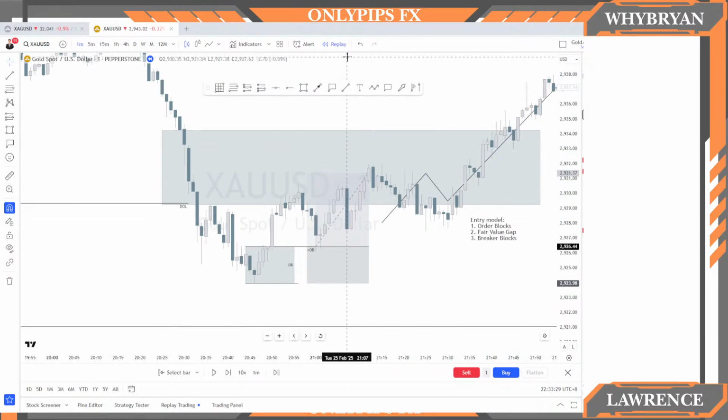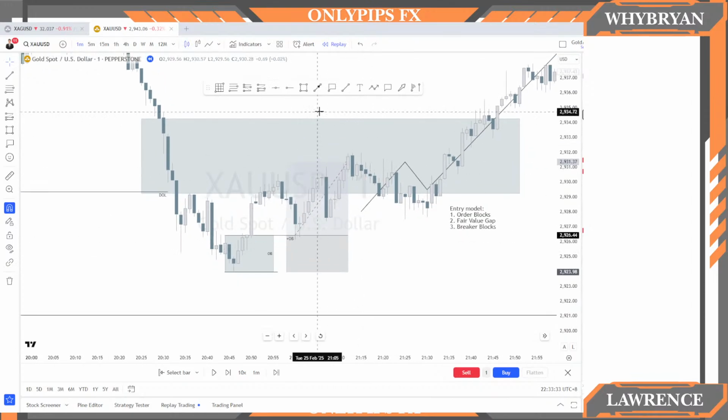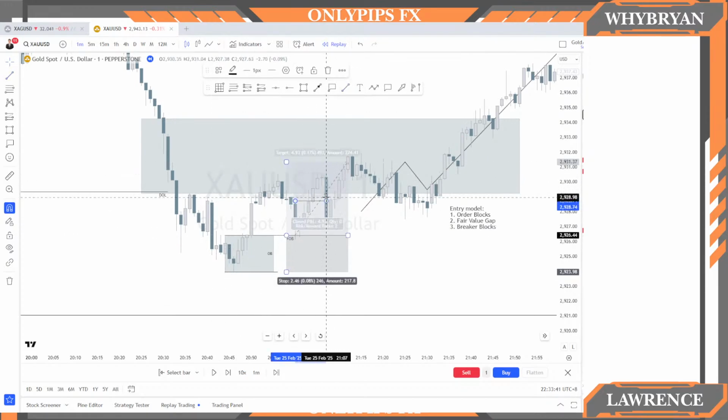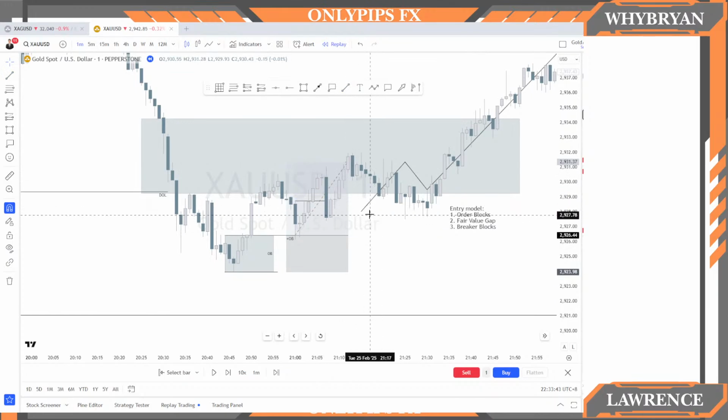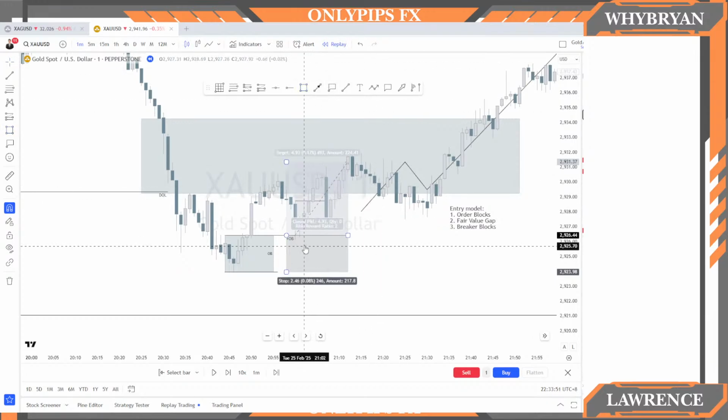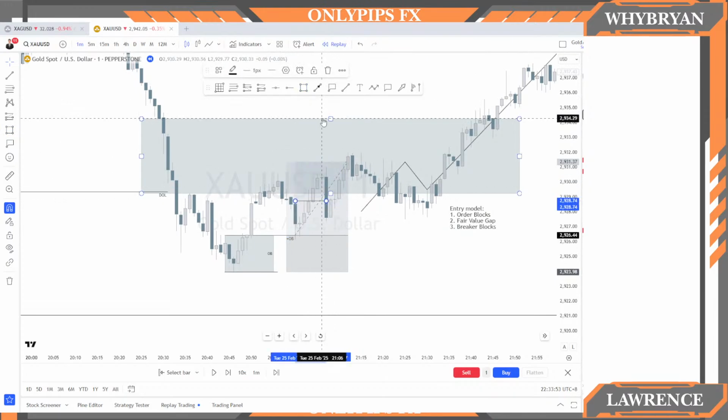From this point of view, you can see, did the price just break off the previous structure or just the high itself? Yes, indeed, we have a fair value gap in this range after the OB is out.